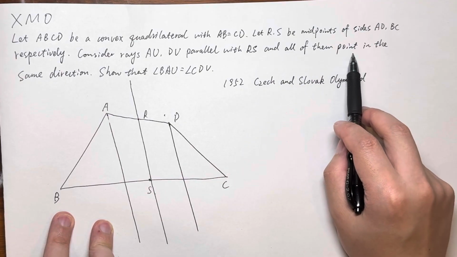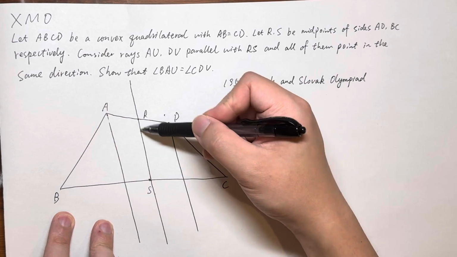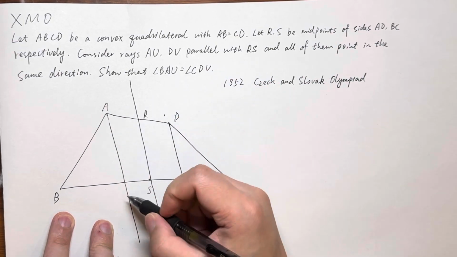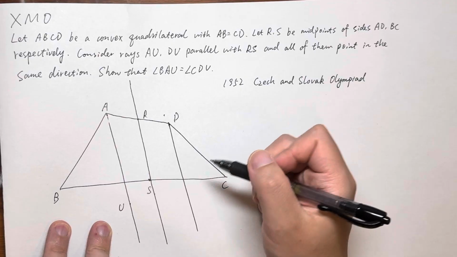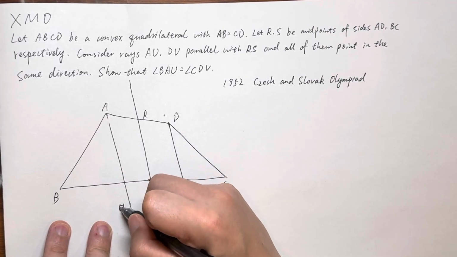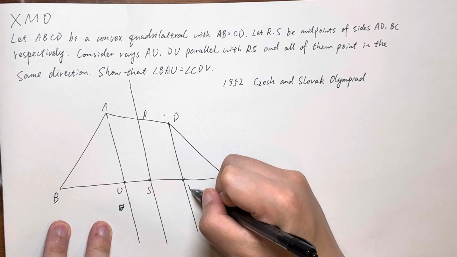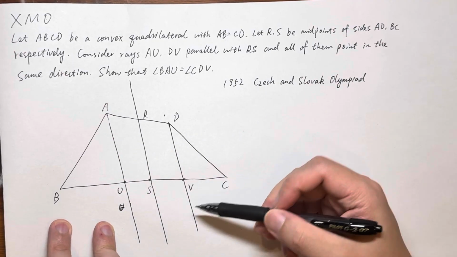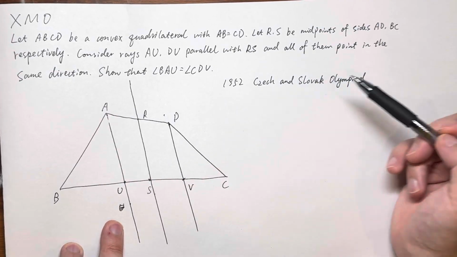And all of them point in the same direction, which means this is RS, then this would be AU, this would be DV. So actually, let's just name this point U, and this point V. It doesn't matter, right? Just to make the future discussion easier.